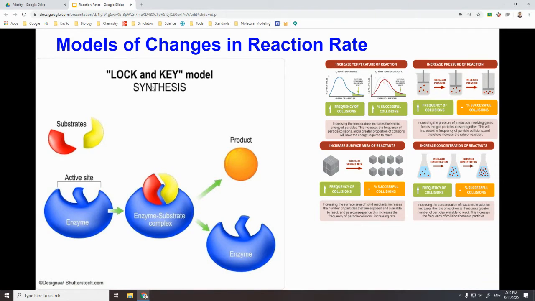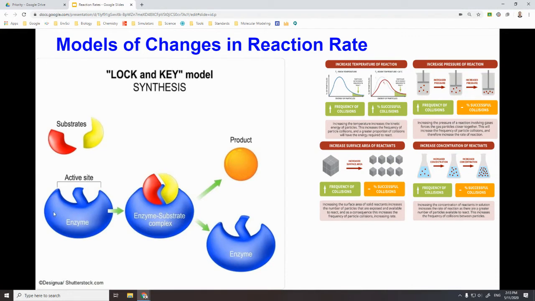The difference between the two would be when we did the elephant toothpaste, for those of you who used potassium iodide, that's an inorganic catalyst. For those of you who used yeast, that is an organic or biological catalyst. Both of them did the same thing, and they had very similar results.